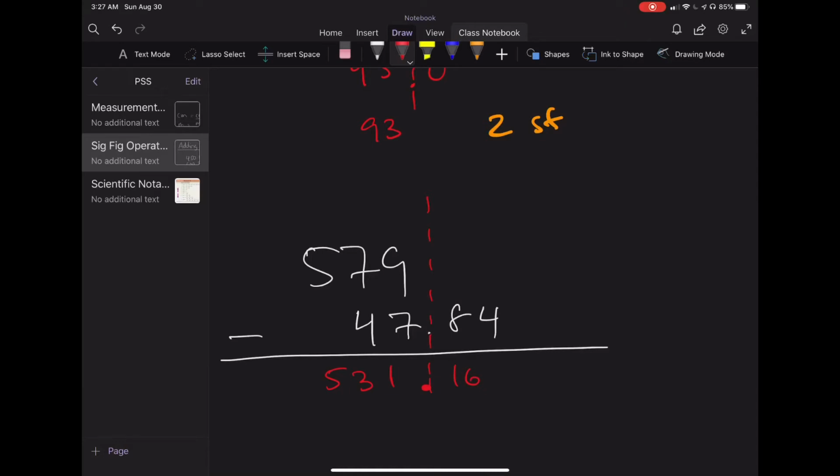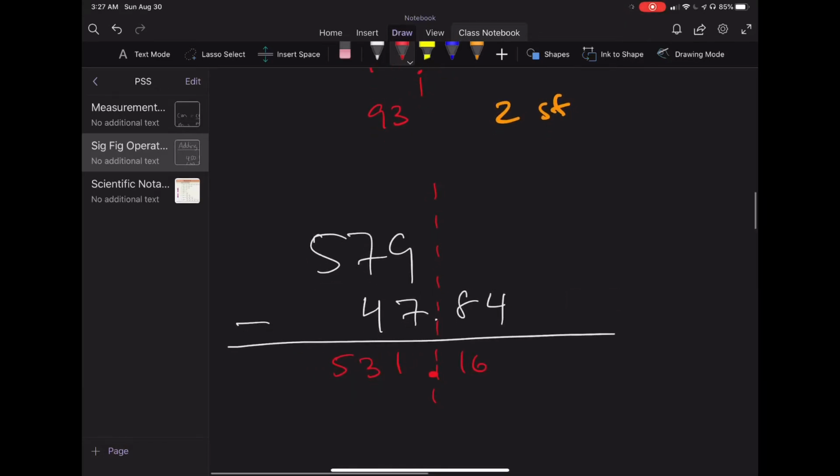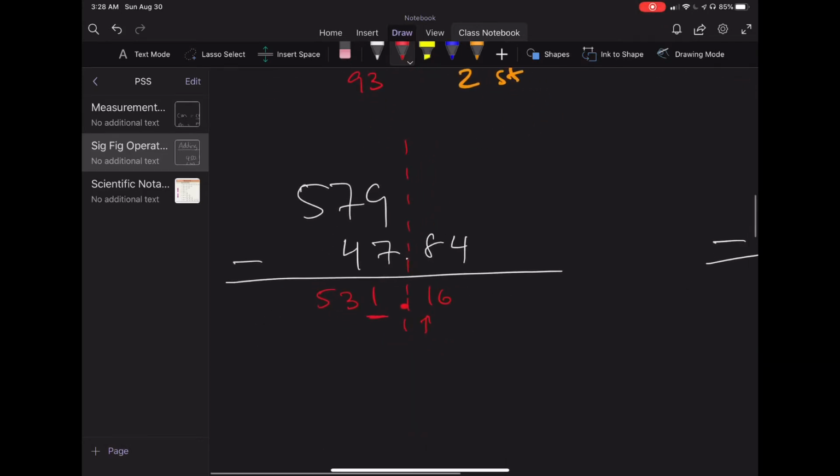But the 16 ended up on the other side of the dotted line, so we're going to toss that away after considering rounding. We're going to round to this position, the ones place. This digit is less than 5, so we're just going to round to 531. This quantity, the 579, had 3 sig figs. 47.84 had 4 sig figs, and our final answer had 3 sig figs.